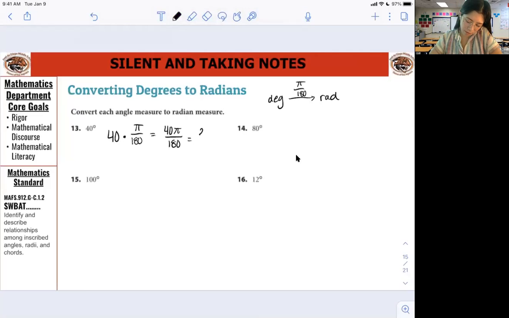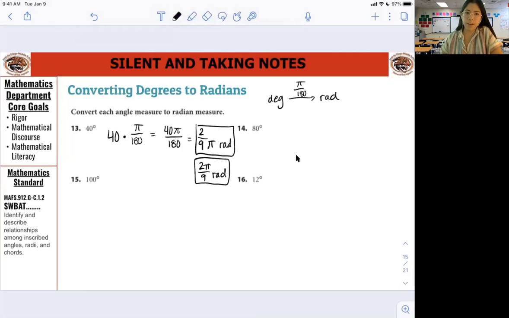So this is 2 over 9 pi radians. Or you can leave it as 2 pi over 9 radians. Let's try the other one. 80 degrees.